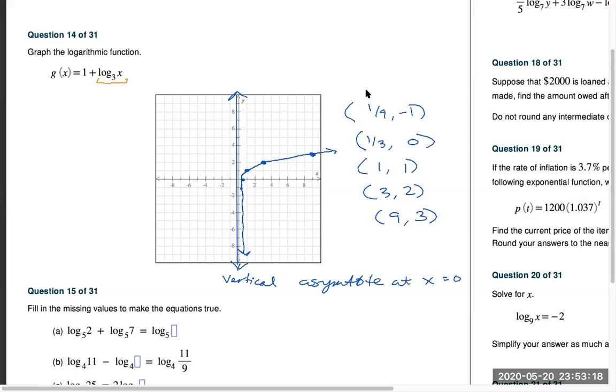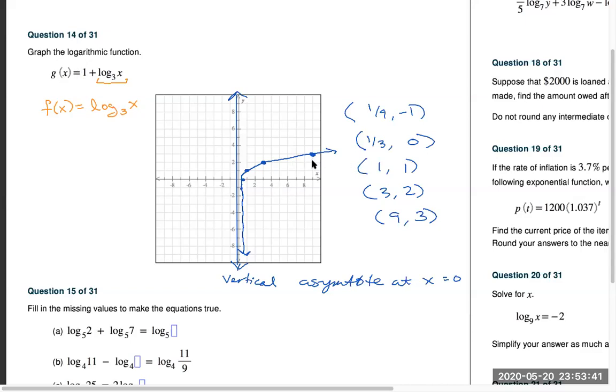All right, and then one more thing I want to mention about this, like say you were just graphing function f of x equals log base 3 of x. Then essentially, if you like the translation part, you're just taking this plot and moving it up by 1 unit in order to get g of x.